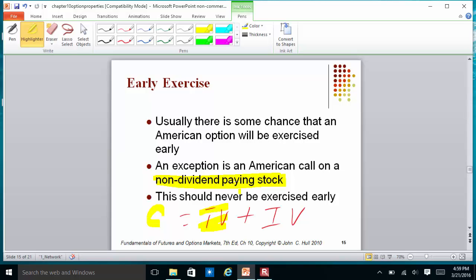Or another way is to say that in the case of a call option, typically what we say is that if it is on a non-dividend paying stock, an option is worth more alive than dead, because by exercising you are killing the option. On the other hand, by selling it, you are keeping it alive, and that will have more value. So when do you want to exercise early?